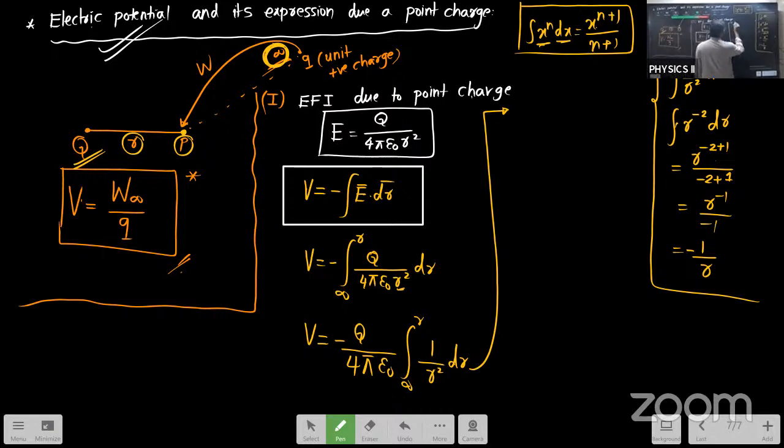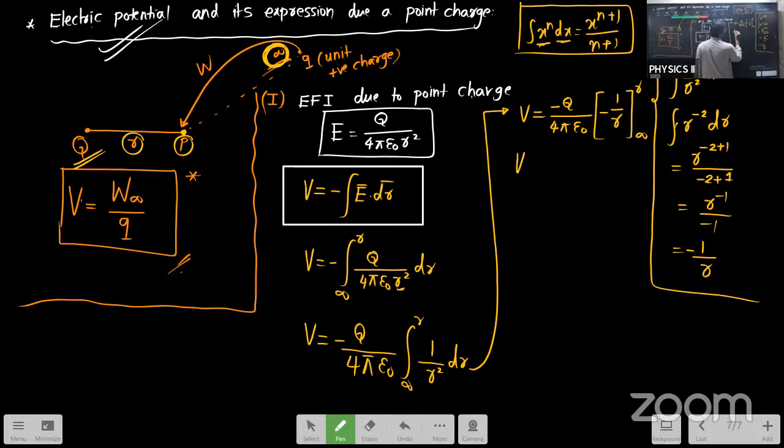V is equal to minus Q divided by 4 pi epsilon naught, integration of 1 by R square dr. What is the value we are getting? Minus 1 by R, from infinity to one particular distance R. If I take this minus outside, minus into minus will become plus.